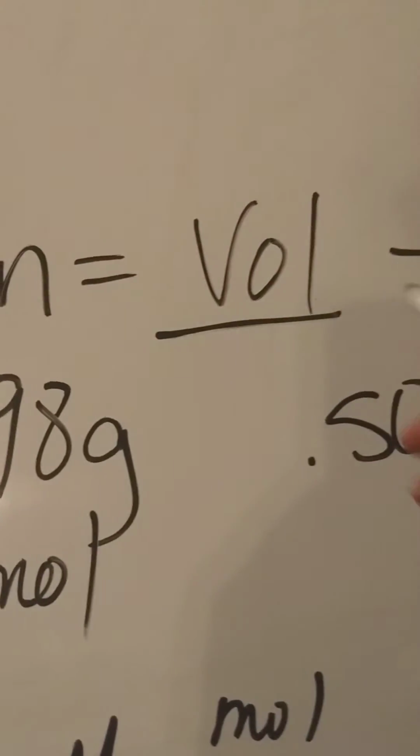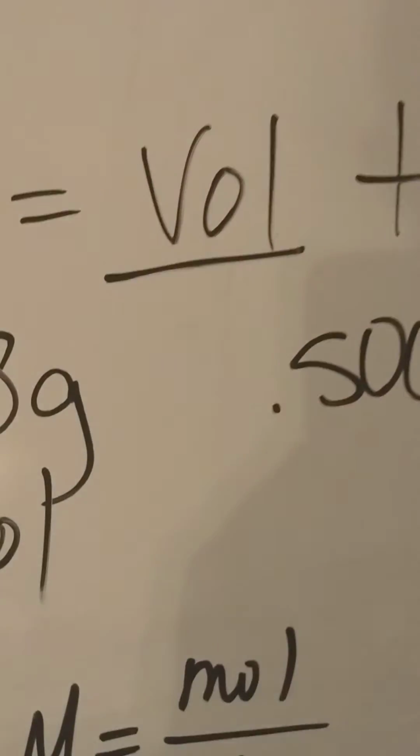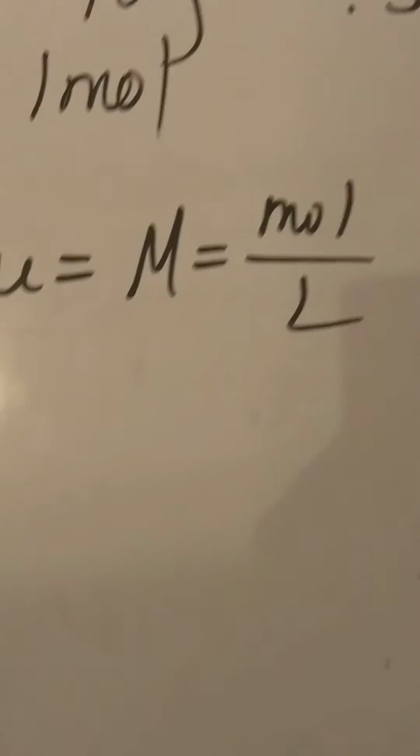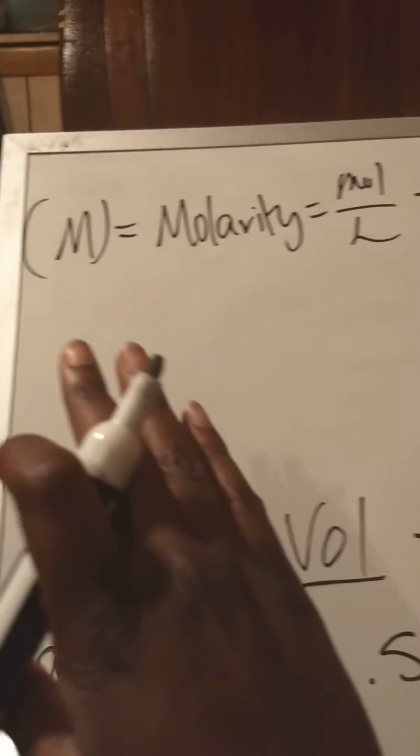Obviously we're looking for volume, and we are looking for liters because these things go hand in hand. So we'll begin trying to adjust our equation. This is why I say that this relationship will come in handy.